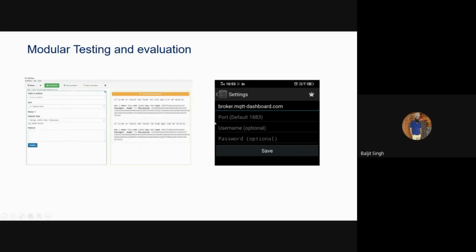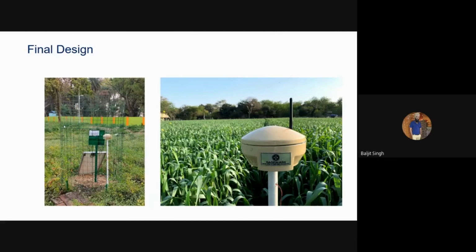You just need to input the broker's IP address, and then subscribe to some topic, and then you will start getting the complete data that any sensor node is sending to your device.